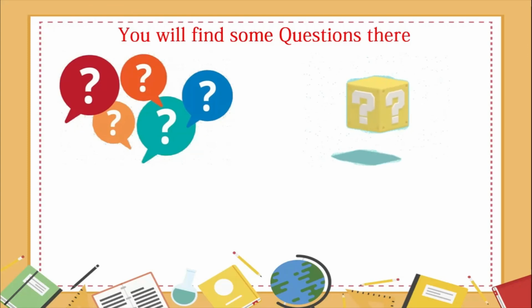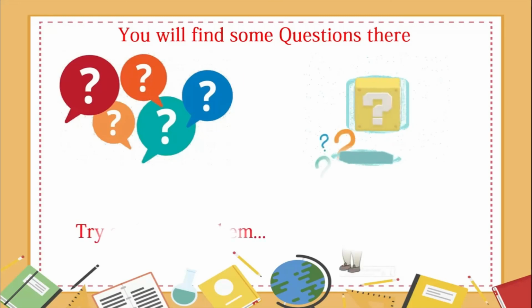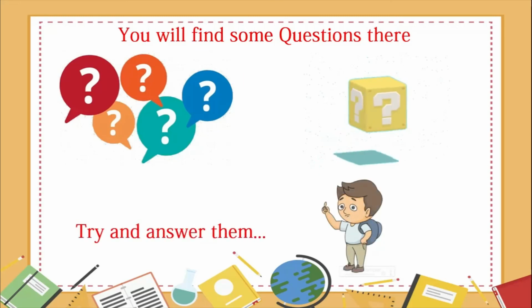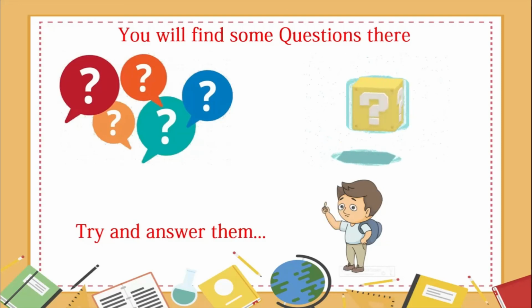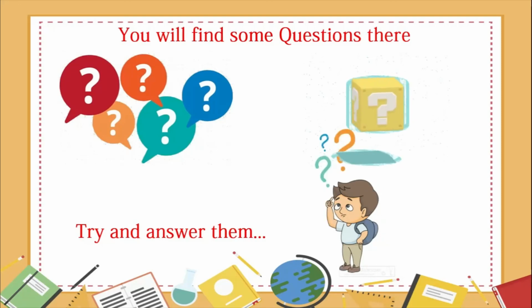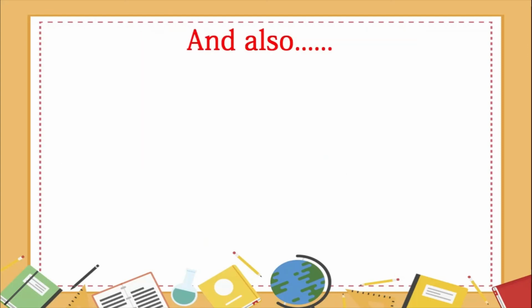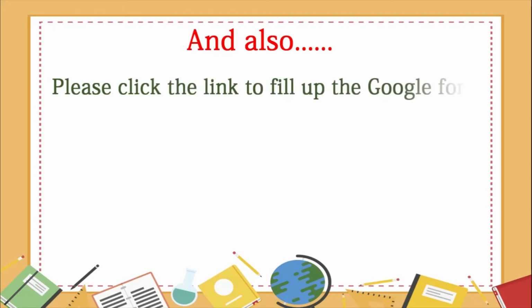So what will you do? You will think back properly about the lesson and you will try and answer these questions, and note down the answers in your notebook if you want. Okay? After that, we have another task waiting. You will also click on the link which you will find in the description box to fill up the Google form.